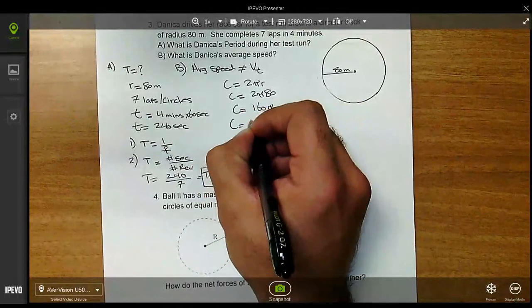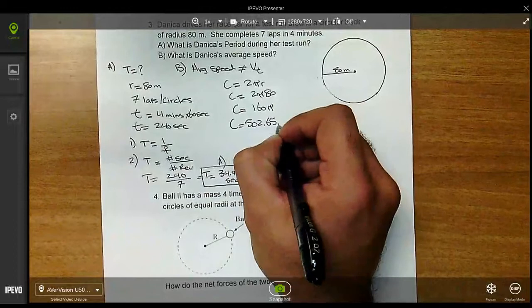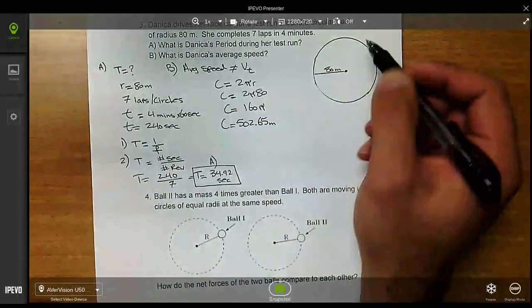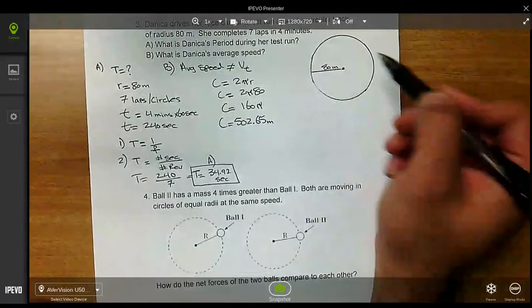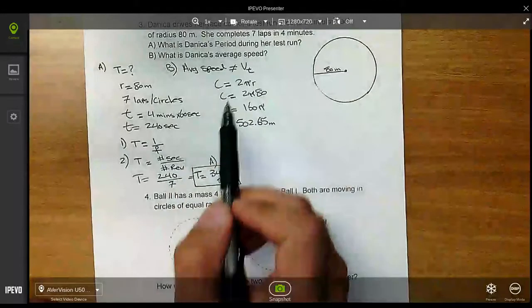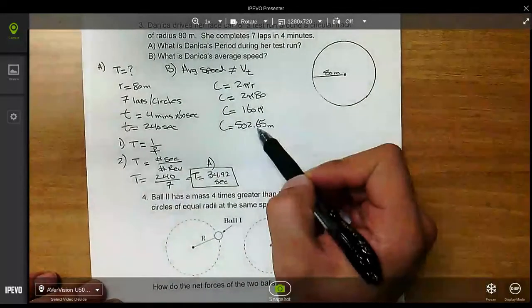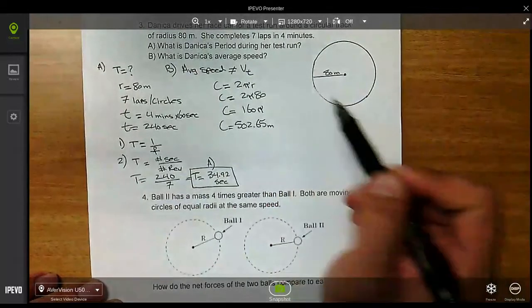So C is equal to 502.65 meters. Now this is the circumference of this track, which means it is the distance that Danica travels in one single lap. If the question had asked us what is the total distance that she traveled, we would take this value and multiply it by 7, because she went 7 laps.